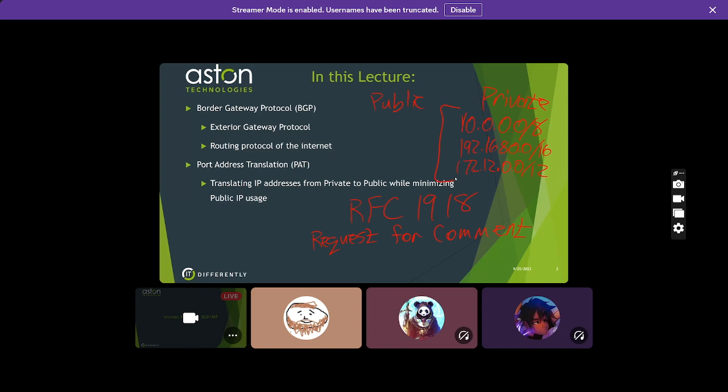You will not find them on the public internet. That's because every single private network, whether it's a company, your house, or a government institution, they all use these same 3 address blocks and they get translated via PAT into a public address. So that one address can represent all of these.